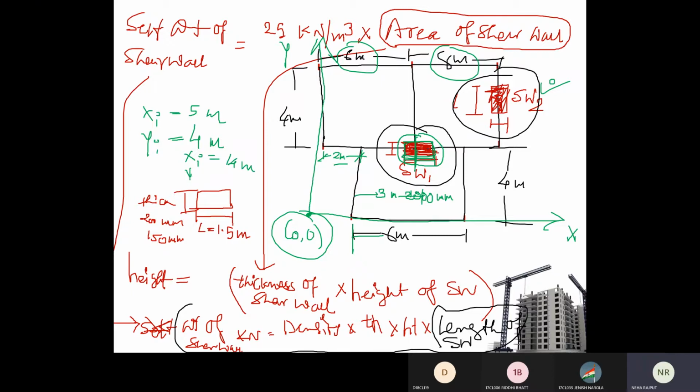And yi: see, this is provided at the CG only. So for yi, the distance from the origin is 4 meter plus, suppose I am considering 2 meter, right? And this is also provided at the center, so this will be 2 meter distance. So 4 plus 2, 6 meter.